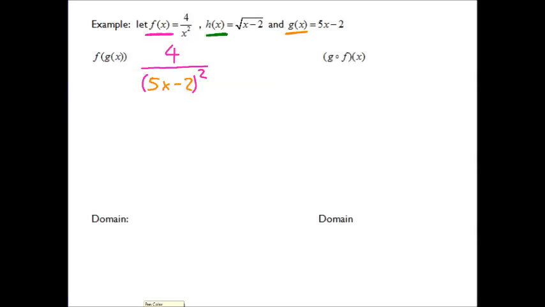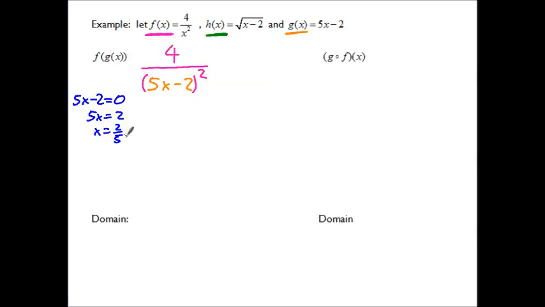Now let's check for domain restrictions. Since we have the x in the denominator, we have to make sure that we don't end up with a denominator of 0, right? That can't happen. So what value would make that happen? 5x minus 2 is equal to 0, which means 5x is equal to 2, which means x is equal to 2/5. So that is one number that cannot be in our domain.